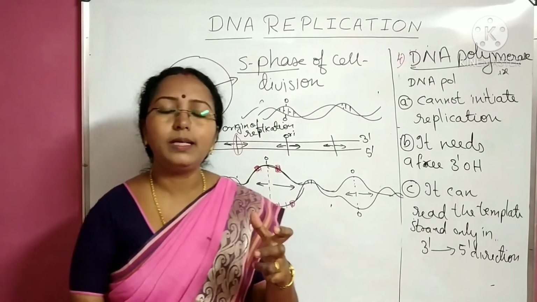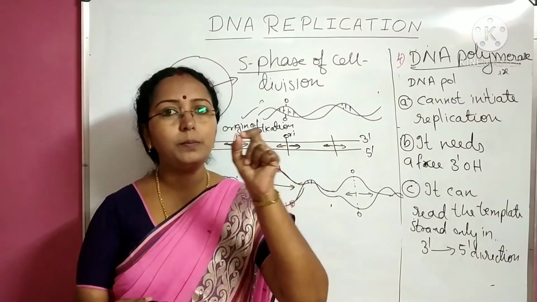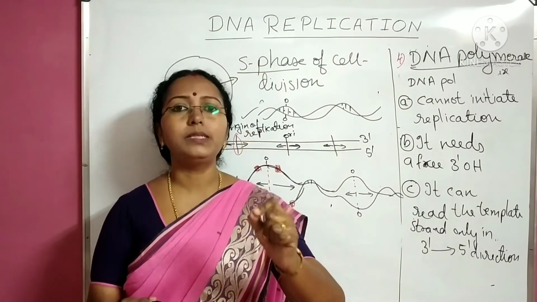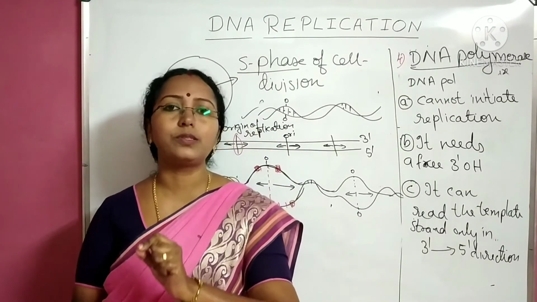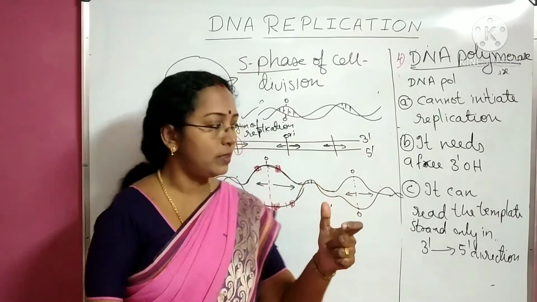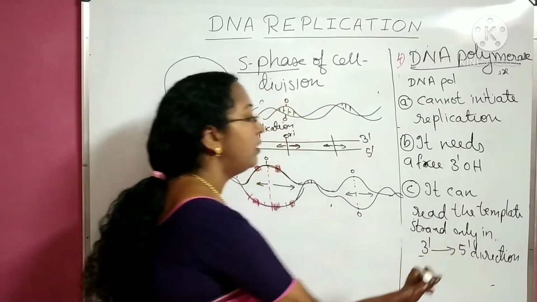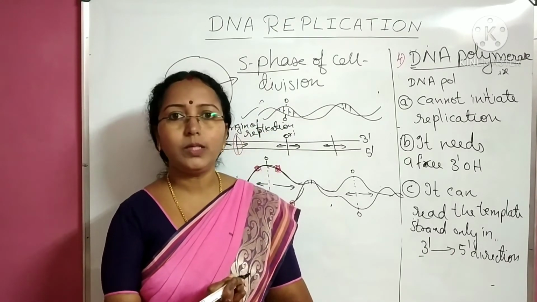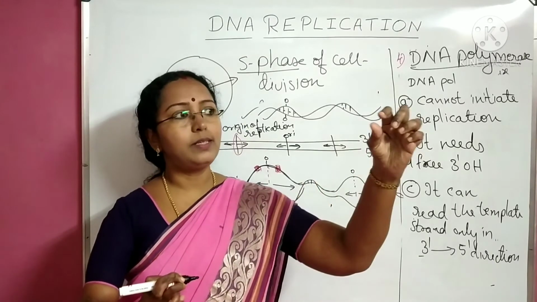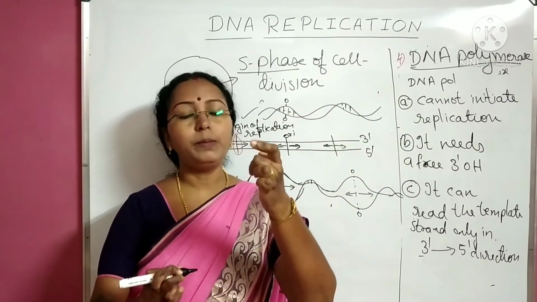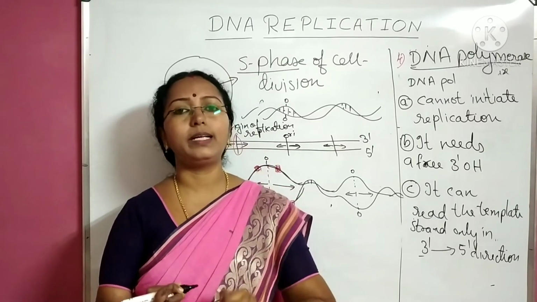What is it reading in the template strand? It is reading the base pairs. So according to the base pair in the template strand, it will be synthesizing the complementary new strand. So it can read the template strand only in which direction? Only in 3' to 5' direction. Since it is reading the template strand in 3' to 5' direction, it will be producing the new strand in which direction?